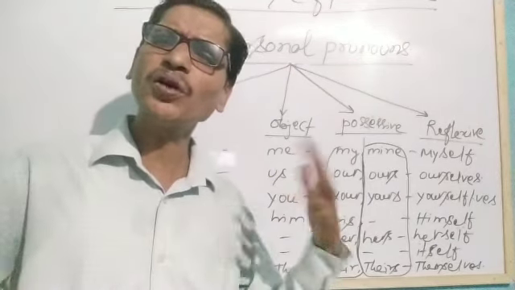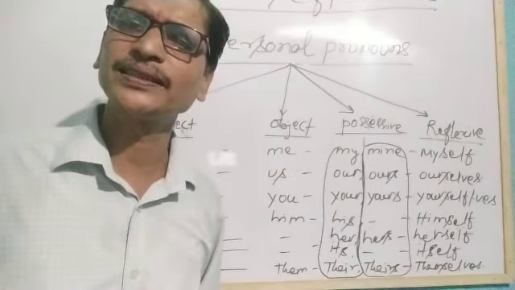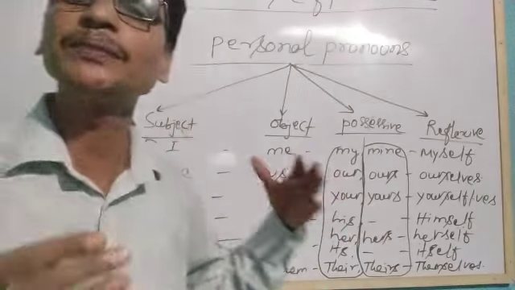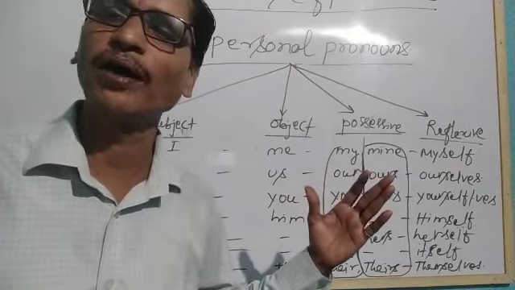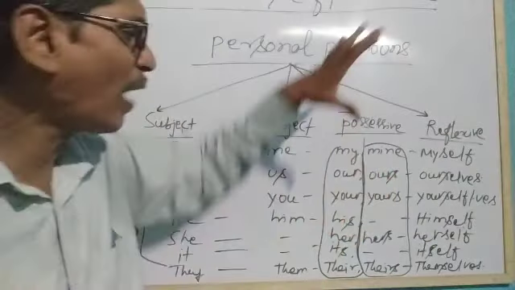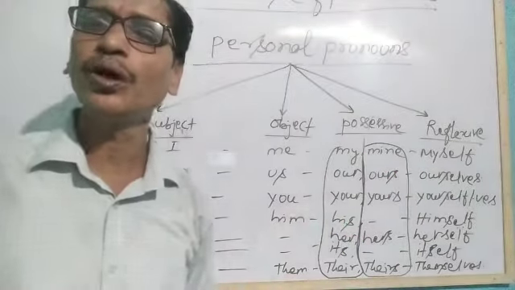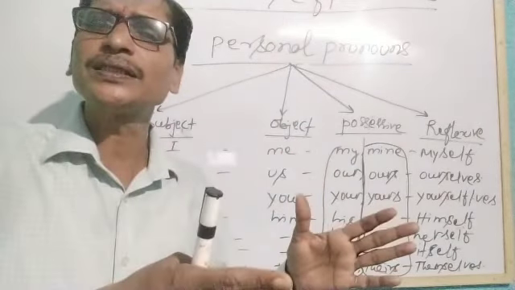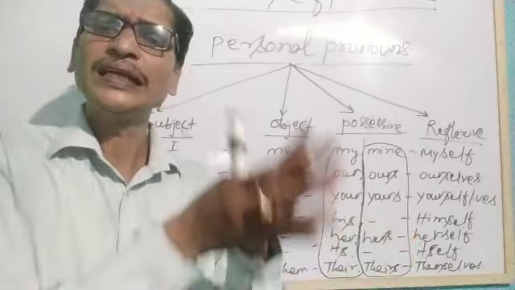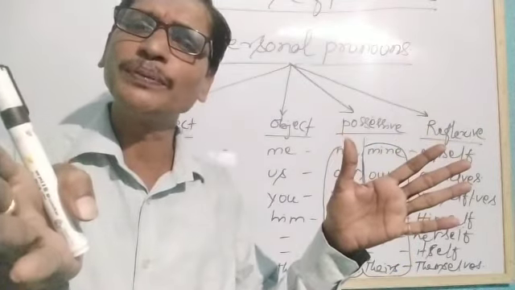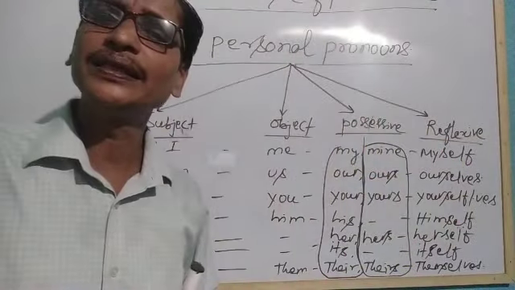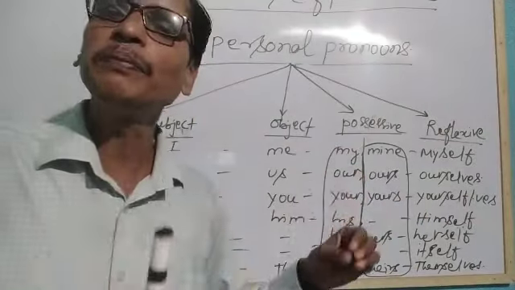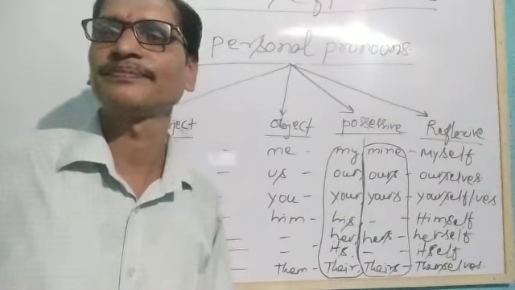That means it is talking about reflexive uses of these pronouns. And while discussing the possessive case of those pronouns, we understood that the possessive cases of pronouns for persons have been grouped under two divisions. One is the possessive adjectives and another is simply possessive pronouns.